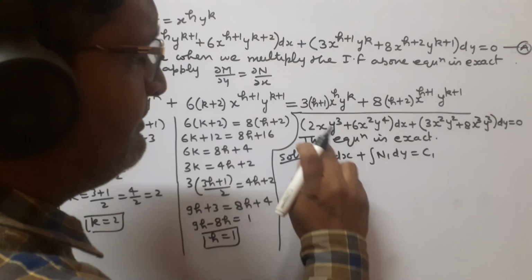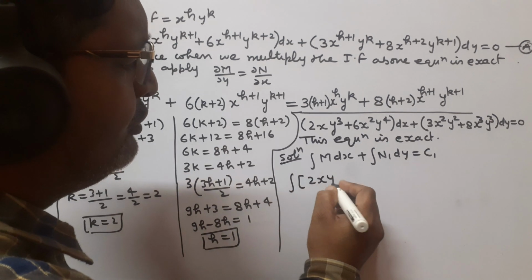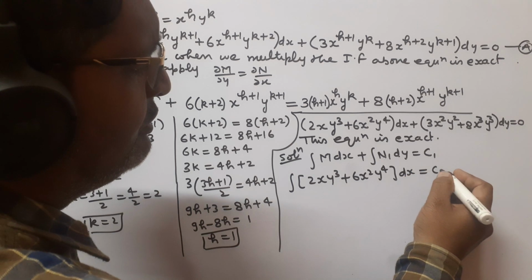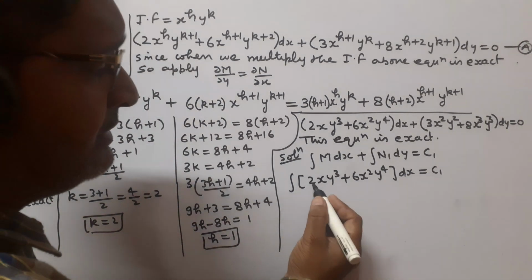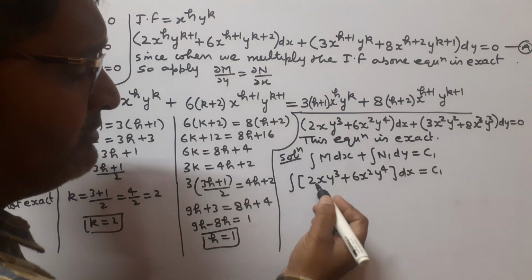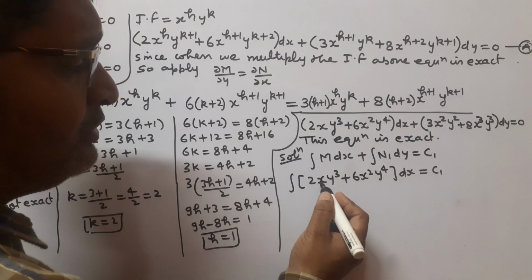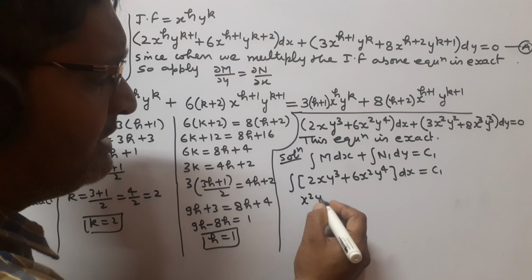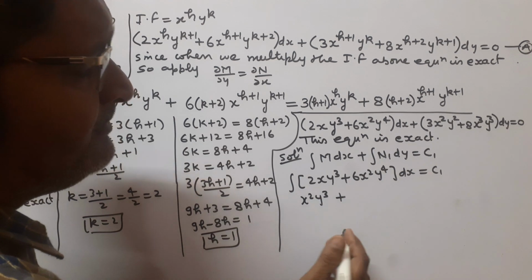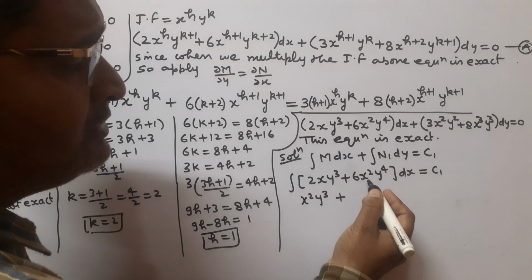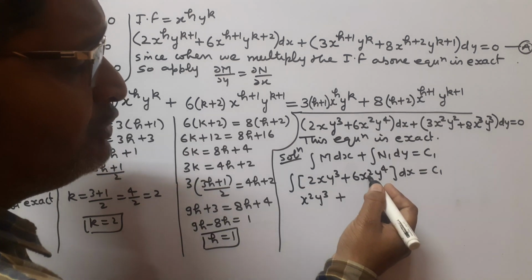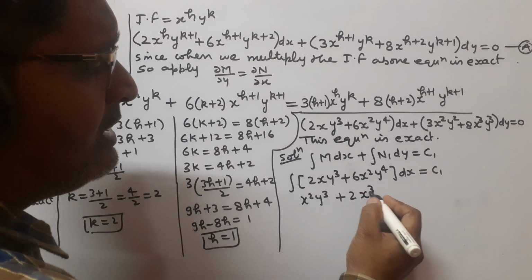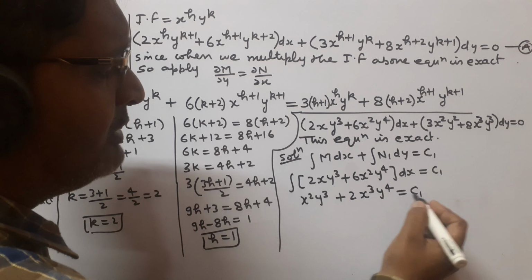and the value of M is here 2xy cubed plus 6x squared y to the power 4, dx is equal to c1. Now we integrate with respect to x, because y cubed is constant, so integration of x is x squared by 2, so 2 is cancelled out, so this can be written as x squared y cubed plus, here we integrate x squared with respect to x, so we get x cubed by 3, so 3 cancelled by 6, this is 2x cubed y to the power 4 is equal to c1.